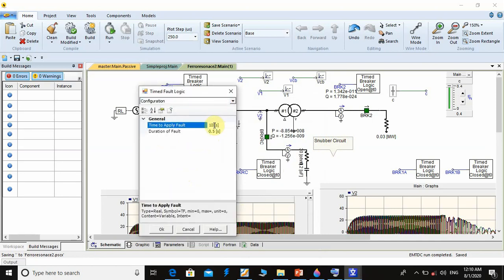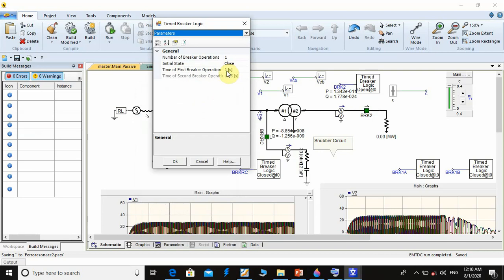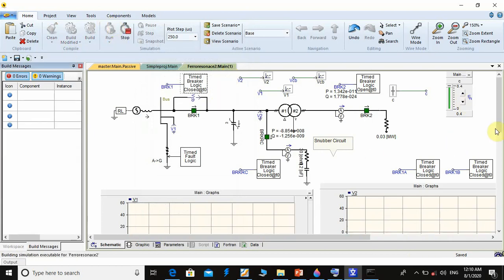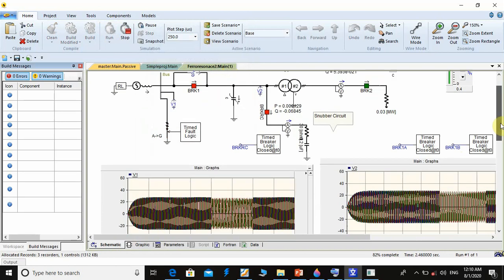So let us say there is an earth fault at 1 second and the duration of the fault is 0.5 second, and let our circuit breaker be closed along. Run time, and we see if there is any effect of this earth fault.